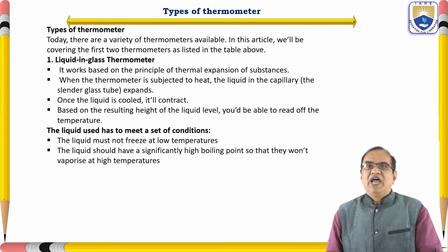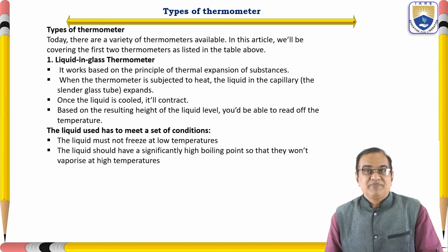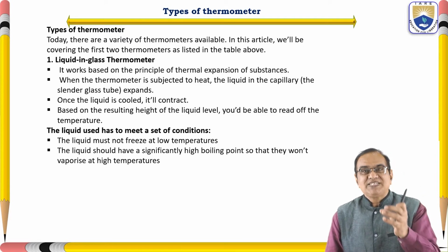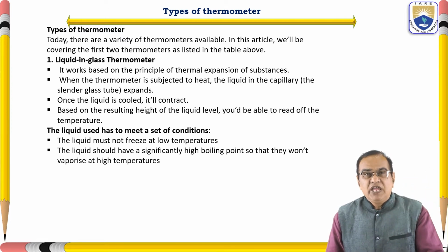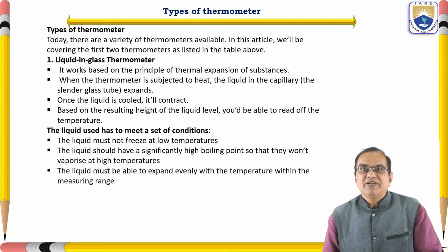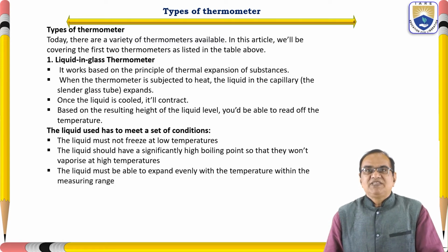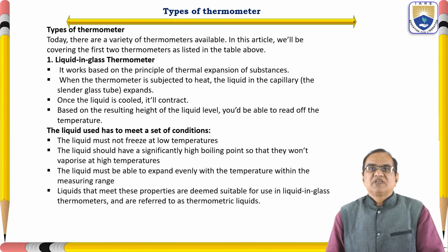The liquid should have a significantly high boiling point so that it won't vaporize at a high temperature. That means at low temperature it should not freeze, and at high temperature it should not start evaporating. The liquid must be able to expand evenly with the temperature within the measuring range.